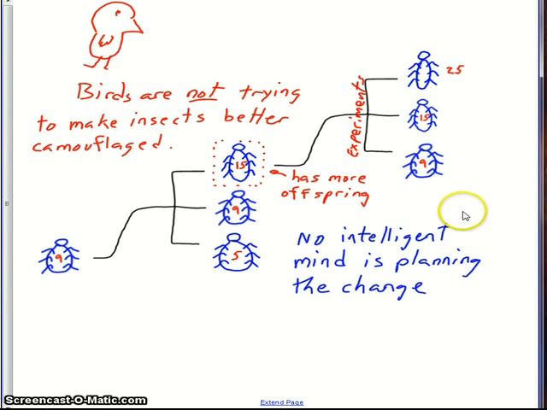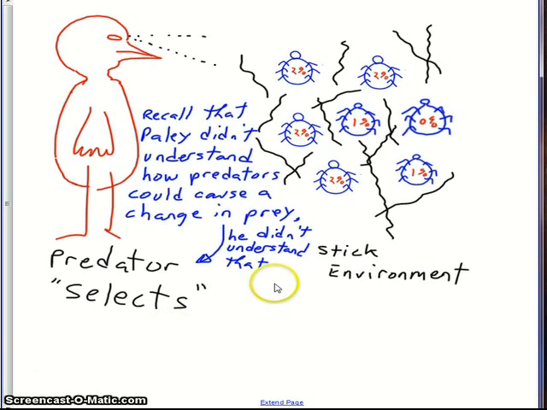It's just cause and effect, predator eating prey, and that's causing the population to change over time. Now remember, William Paley didn't understand how predators could cause changes in prey populations. He did not understand that predators were selecting individual members of the prey species. Remember, he thought it must have been God that created the adaptations of species and the nature of their interactions.